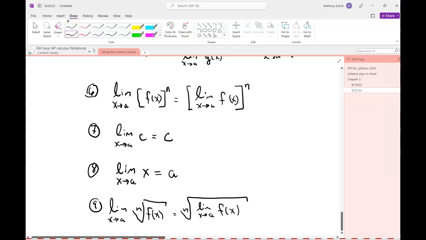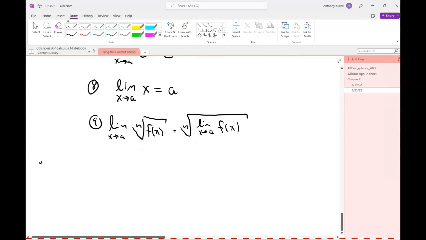So it just would turn into like 6, right? So it's still okay. Doesn't necessarily mean it's imaginary. If n was 2 and you're talking about a square root, the place this would come in is if you had the square root of x as x approaches negative 5, well, that limit doesn't exist, so you can't use that rule. You know what I mean? That's where that would come in. Okay.